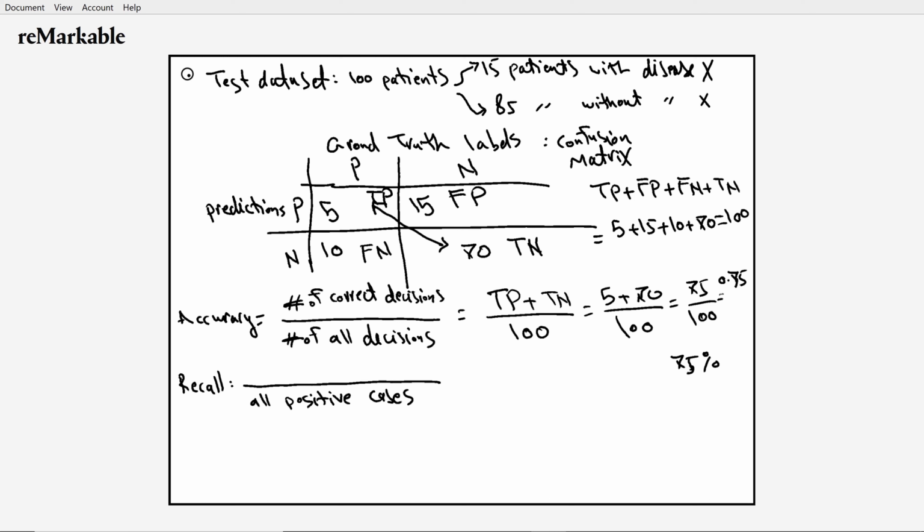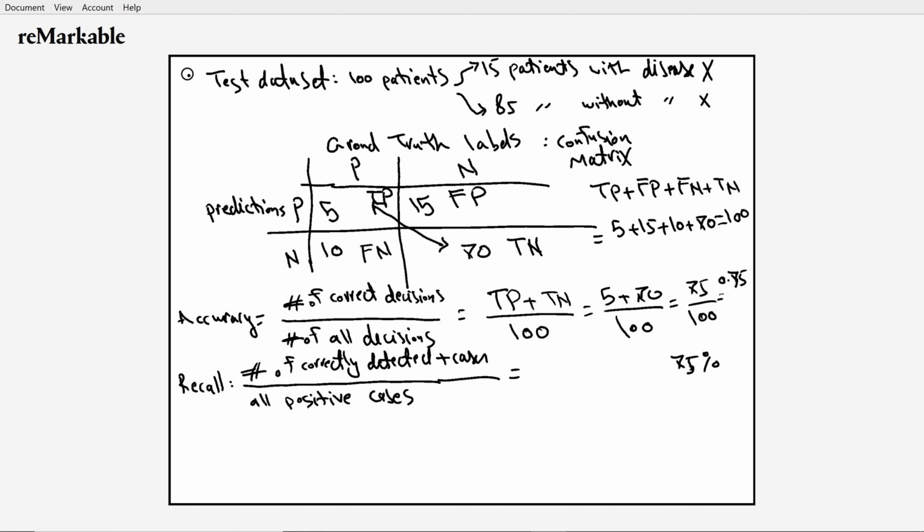Think about the question we asked: of all the patients, we're focusing on only patients which are confirmed to be positive, to have that disease. So all positive cases is going to be our denominator. The numerator is going to be the number of correctly detected or predicted positive cases. So how many of those positives did our model detect?